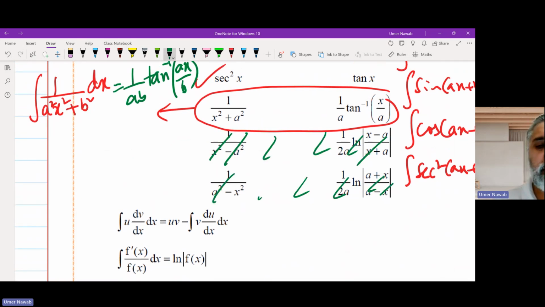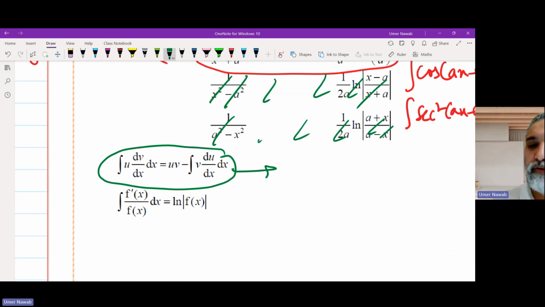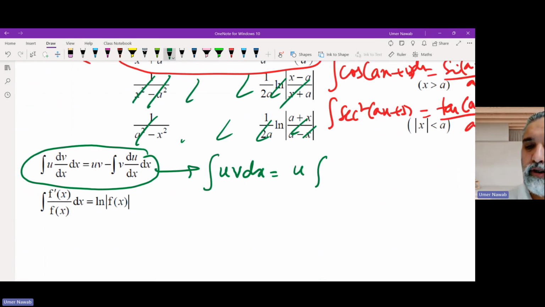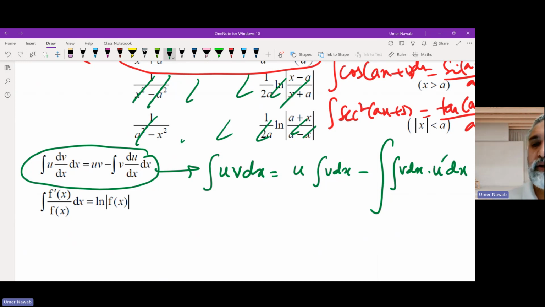However, they gave you integration by parts, but Mr. Omar gave you a different integration by parts formula. What was that? That was leave u, integral of v, minus big integral sign, and same thing with the integral of v, and here you write the derivative of u with dx. This is the integration by parts technique.